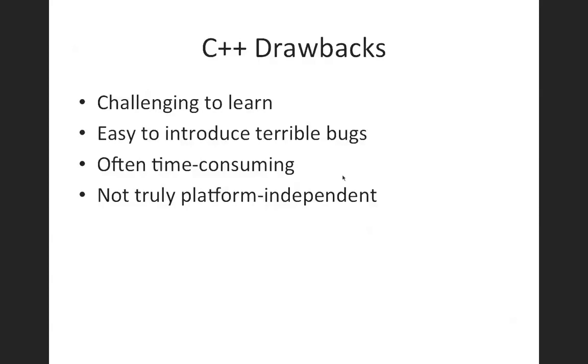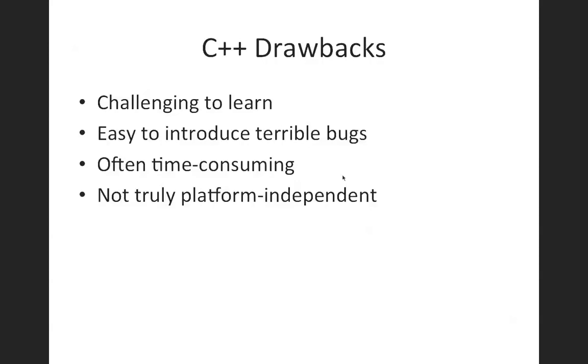It's often time consuming to write a C++ program. That's not necessarily the case, but in my experience, if you want to get something done, it's often quicker to use what you might call a slightly higher level language like Java or Python that does protect you from yourself more and gives you more facilities that are immediately easy to use.